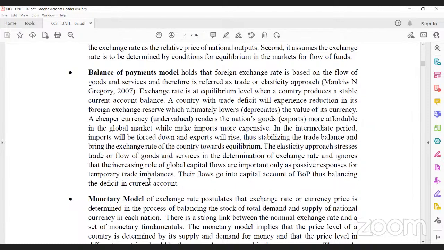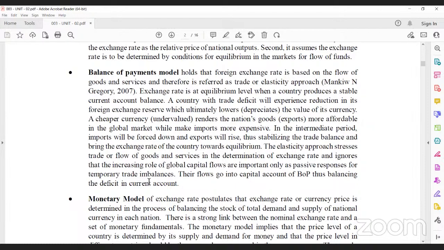A country with trade deficits will experience reduction in foreign exchange reserves, which ultimately lowers the value of its currency. This happens when a country is experiencing a trade deficit.